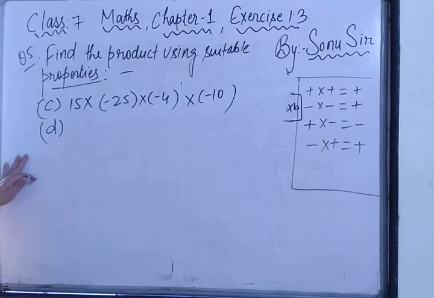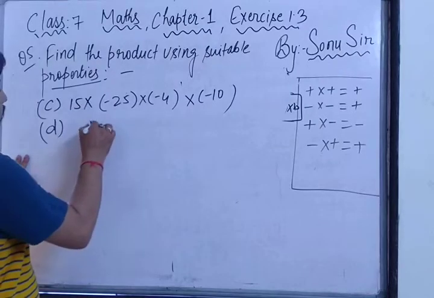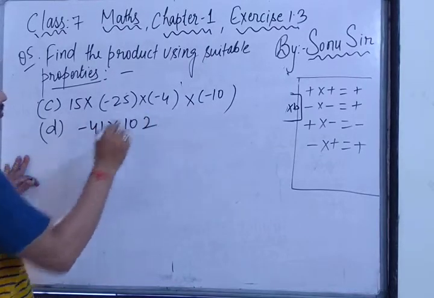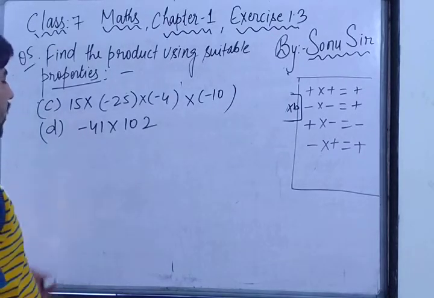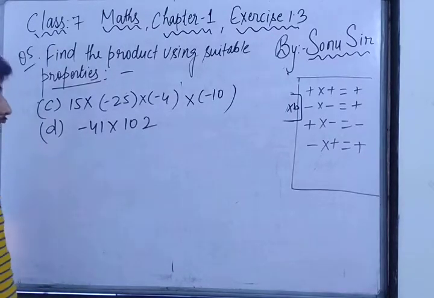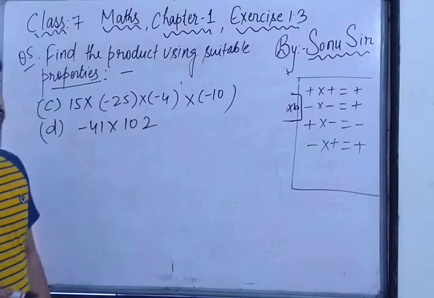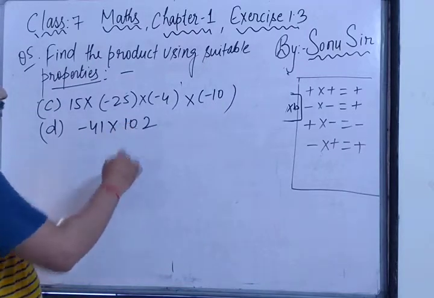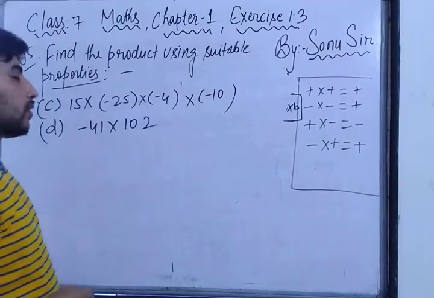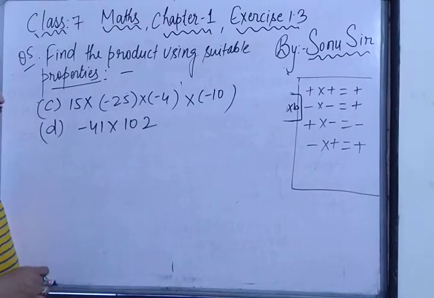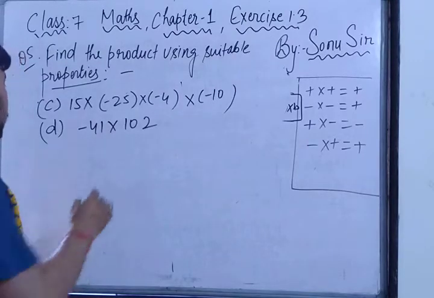In the D question, minus 41 into 102. Can you use any properties? It is also very easy if you want to use them. 100 plus 2 you can do. So minus 41 into 100, minus 4100, and minus 41 into 2, minus 82. So minus 4100 and minus 82. So minus 4182 will be the answer.